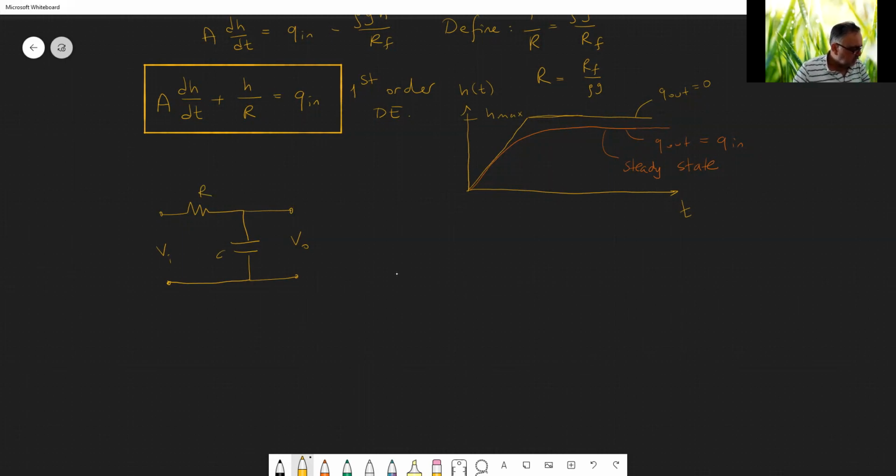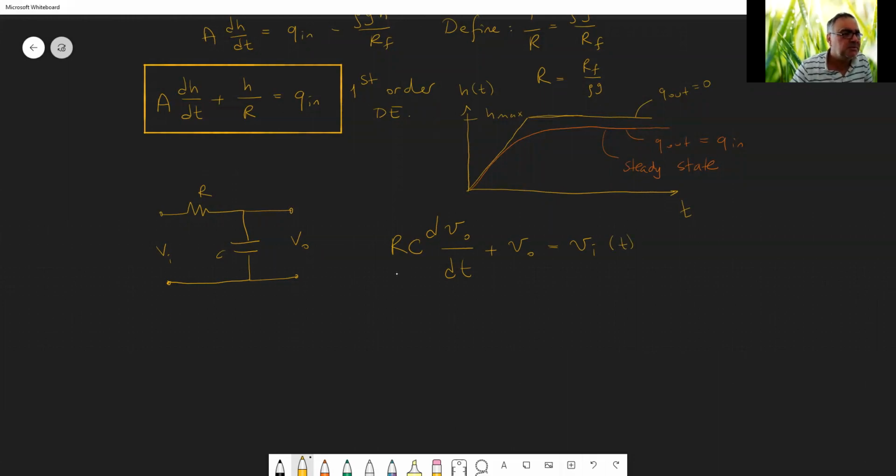And the equations that describe this system are more or less the same, actually. For example, in the electrical system, you have RC. This is the electrical equation.